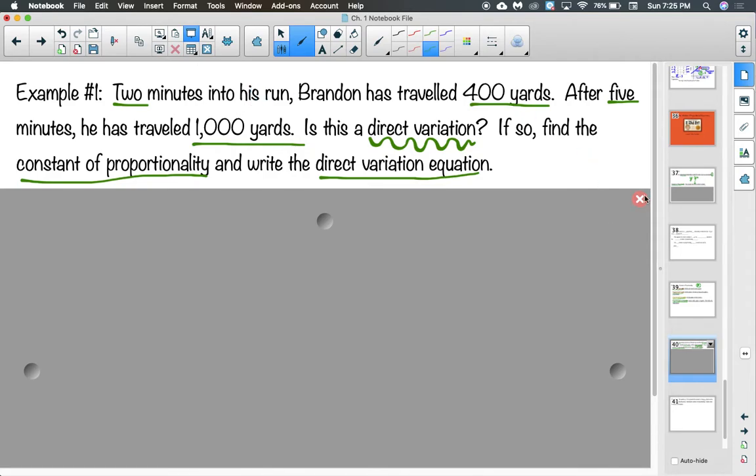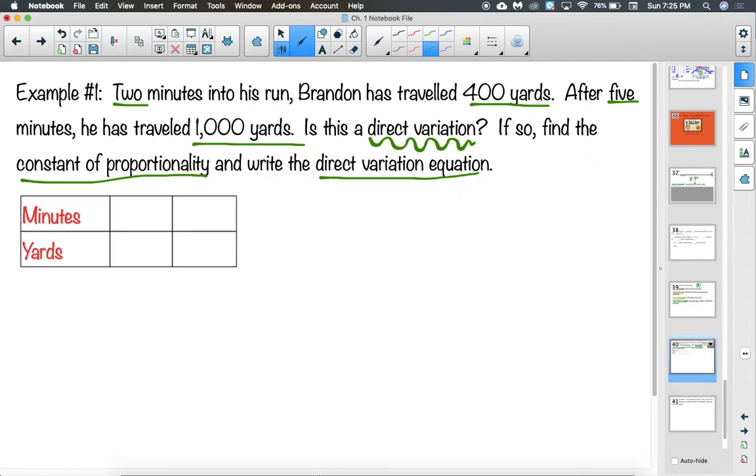We'll find out, okay? So here's what we're going to do. We're going to create a little table, and in our table, we've got minutes and yards. And we only have 2 little pieces of information in the table because they only gave us 2 pieces of information in the problem. After 2 minutes, Brandon has traveled 400 yards.